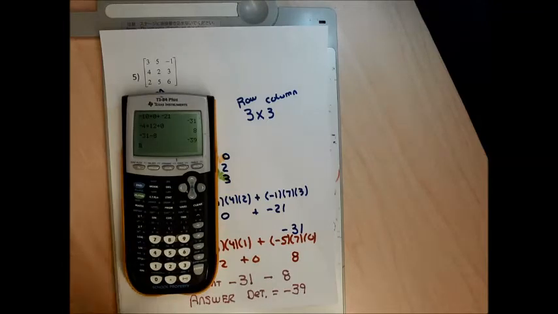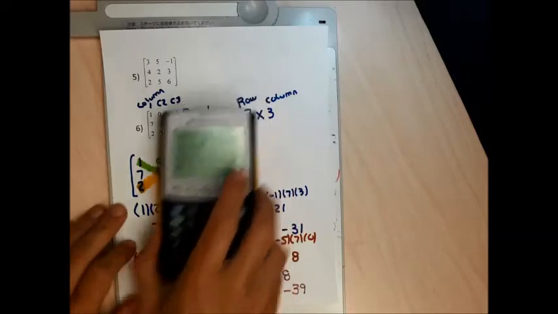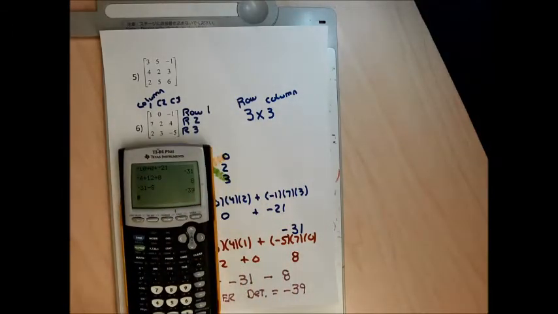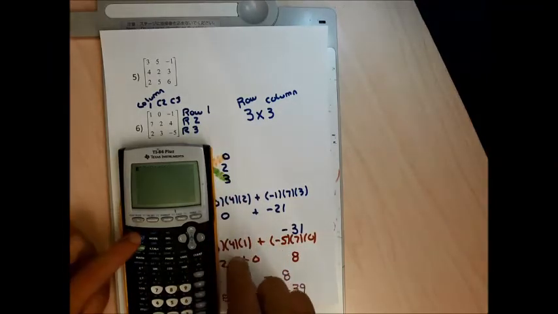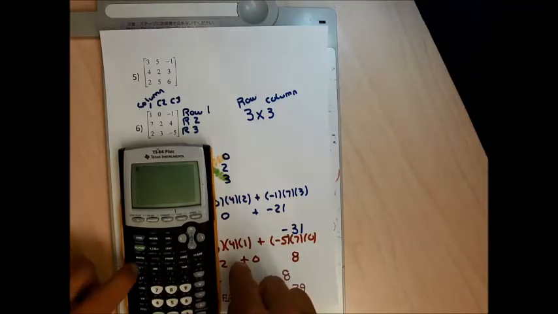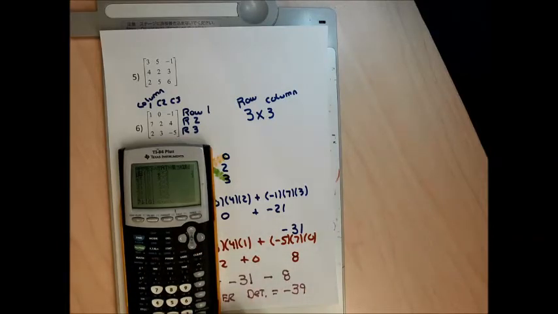Now let me show you how to do this on your calculator. It's exactly the same as the calculator work before, other than we now are going to enter a 3 by 3 matrix. The extensions are only for doing it by hand. So on my calculator, second and the matrix key, arrow over twice to edit, hit enter, and then type 3 by 3 because it's a 3 by 3 matrix, and then 1, 0, negative 1, 7, 2, 4, 2, 3, negative 5.